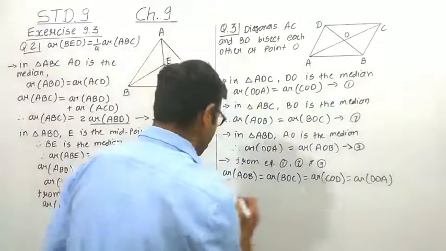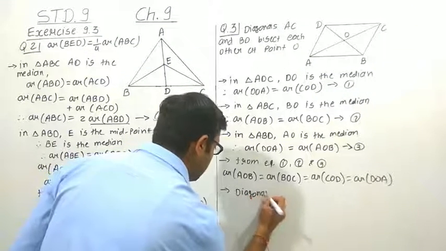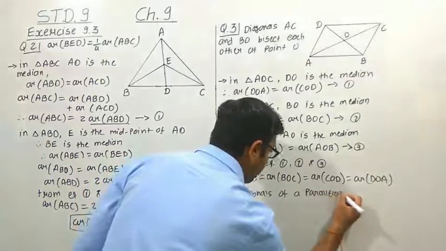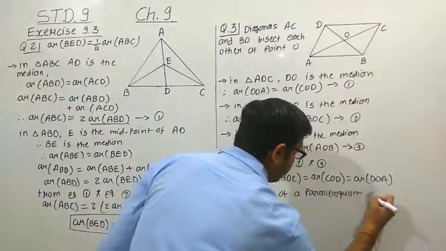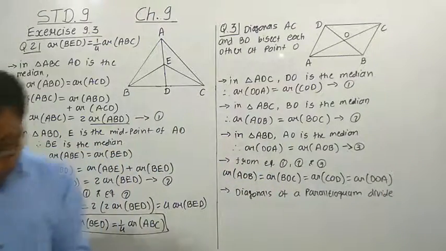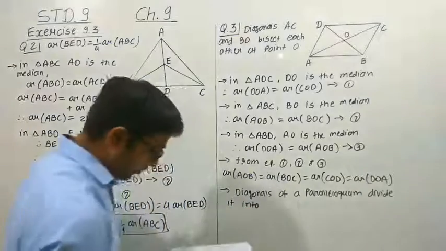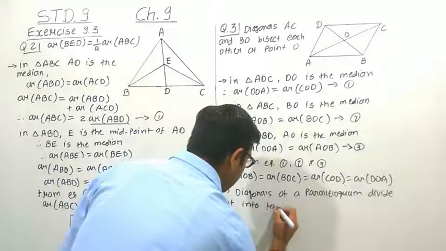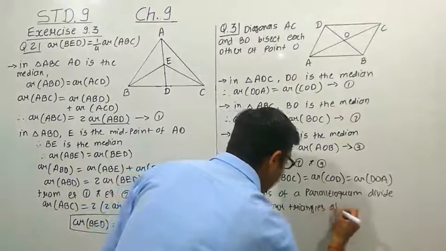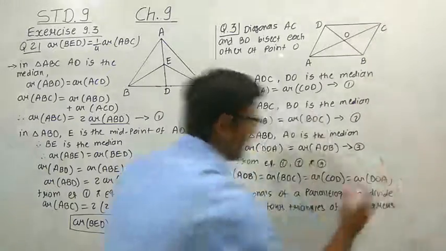Therefore we can write down that the diagonals of a parallelogram divide it into four triangles of equal areas, right?